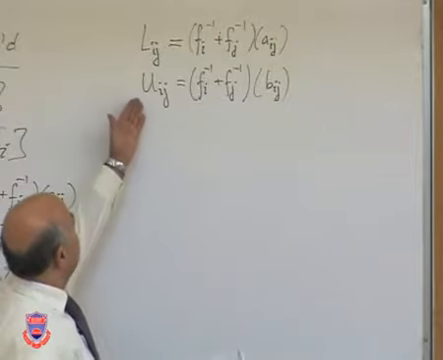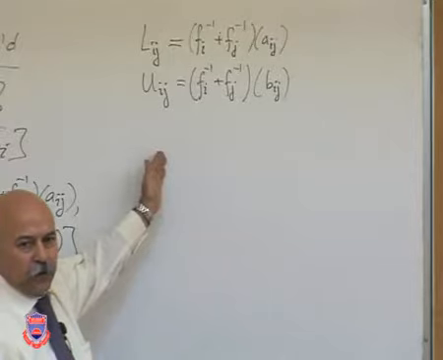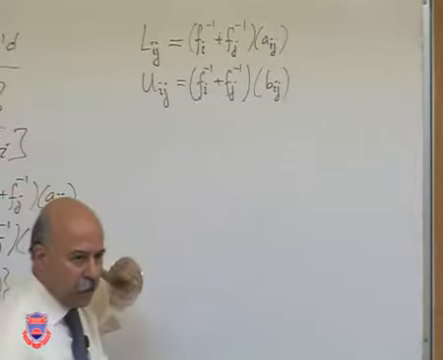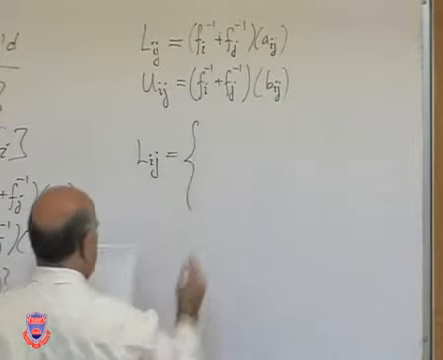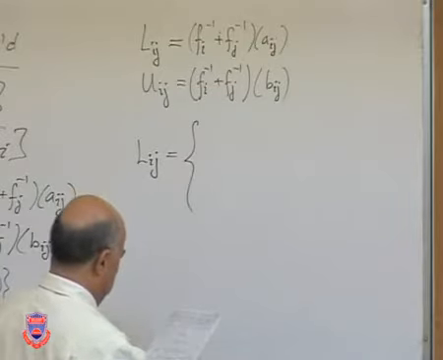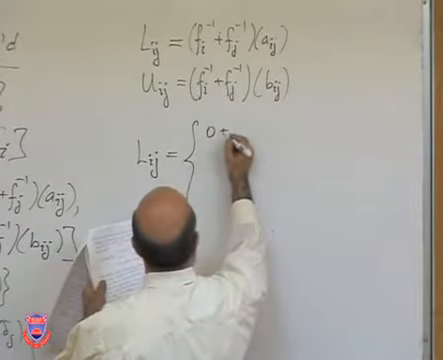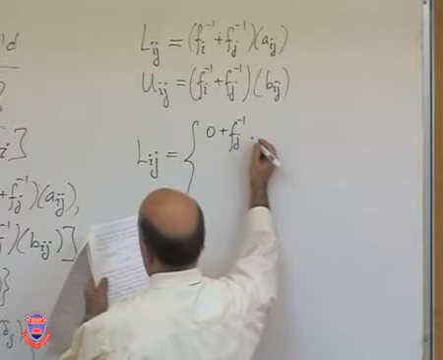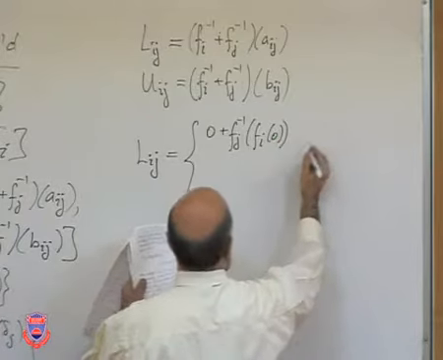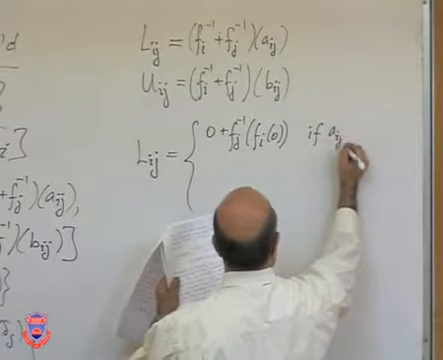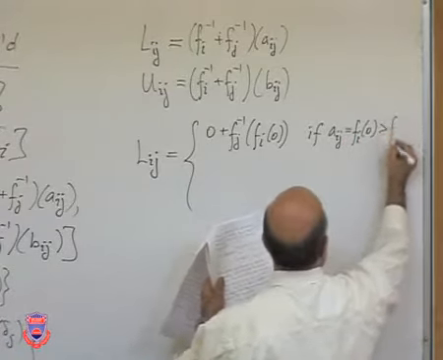Now, either I began with L_ij or U_ij. Which one was the one that I did first? Or did I do both? Because I don't remember. L_ij, okay. So L_ij happened to be one of three quantities. The first one is 0 plus f_j inverse of f_i of 0. This is true if a_ij is defined by f_i(0), which is greater than f_j(0).